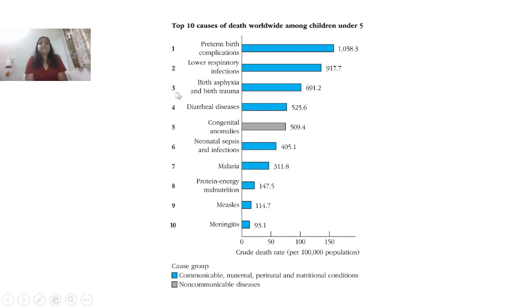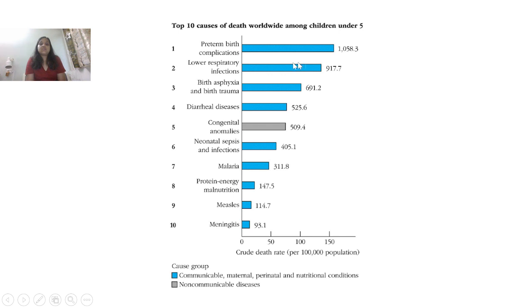Birth asphyxia and birth trauma means that if a baby cannot breathe before birth or some kind of asphyxia occurs, it might lead to death. Diarrheal diseases are a common thing. Congenital anomalies are present only from hereditary factors.